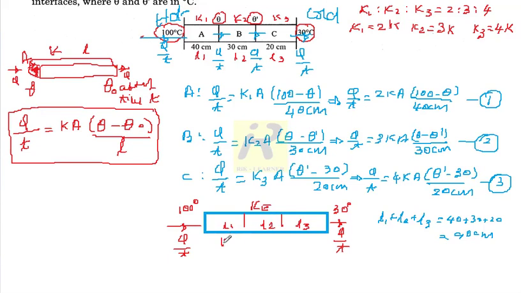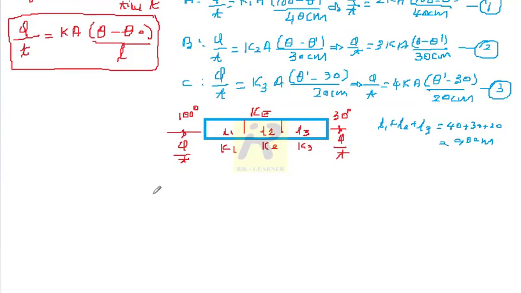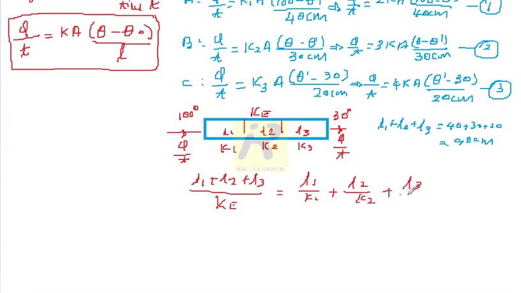For such a combination of different thermal conductivity materials, how do we write this Ke? That is very interesting. It should be (L1 plus L2 plus L3) divided by Ke equal to L1 divided by K1 plus L2 divided by K2 plus L3 divided by K3.